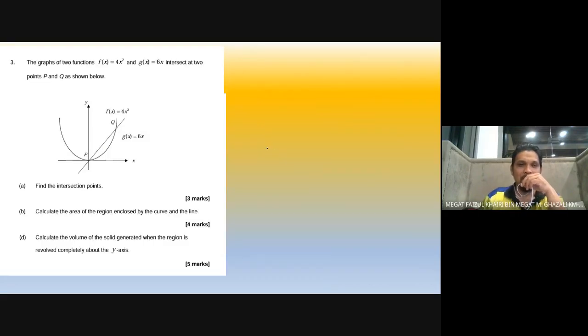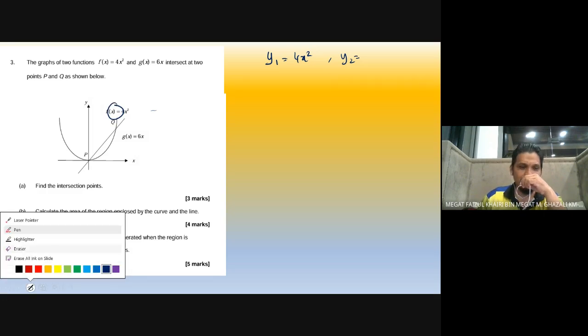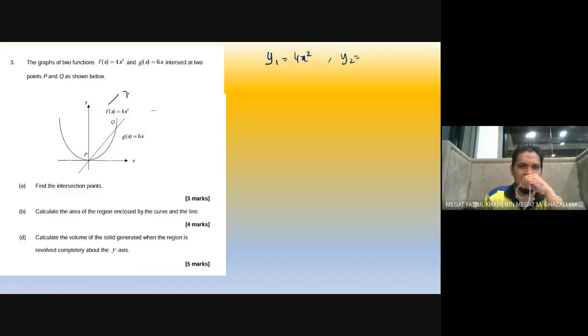Question 3. Now the graphs of functions f(x) and g(x) intersect at 2 points P and Q. Find the intersection points. Just imagine that I label this as y1 and this as y2. So y1 equal to y2: 4x squared equal to 6x.